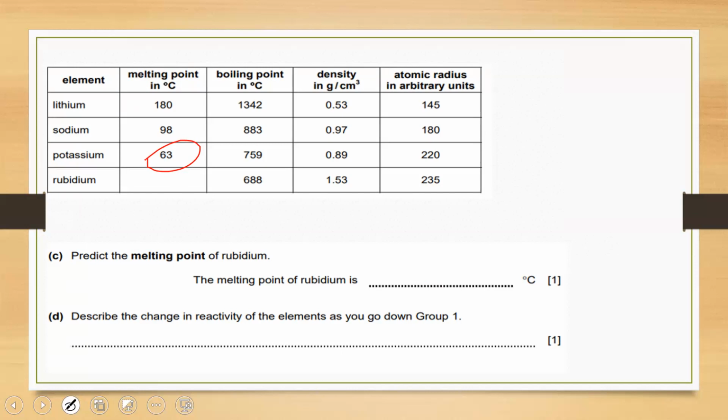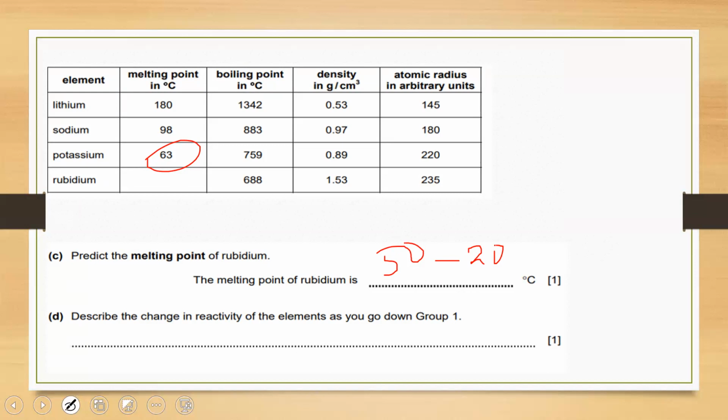Looking at the difference from 180 to 98, which is more than 10, any value between 50 and 20 degrees Celsius would work for you.